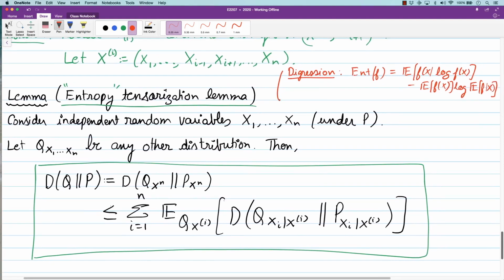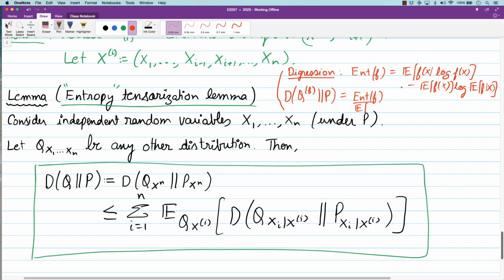And the divergence between Q_f, which we had defined as a tilting with respect to f, so e to the power f(x) is that tilting, from P, is exactly equal to the entropy of f, divided by the expected value.